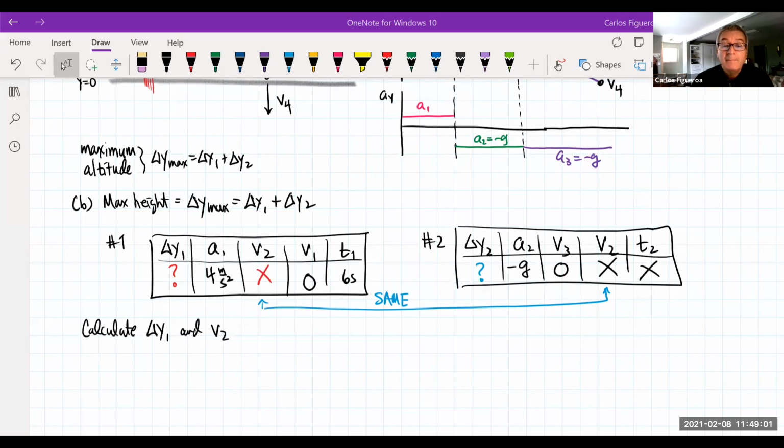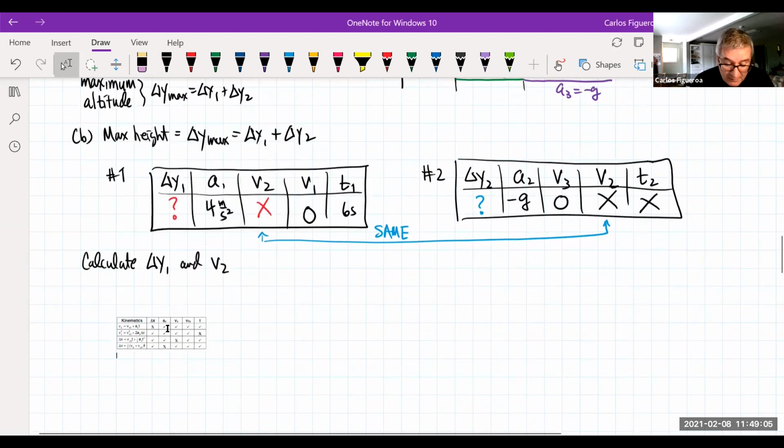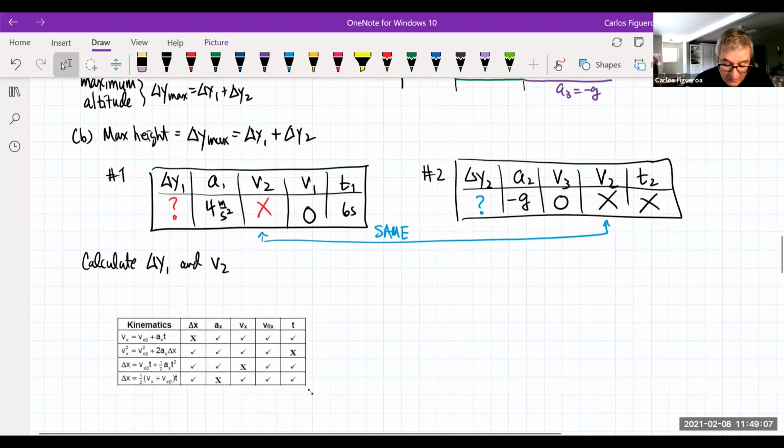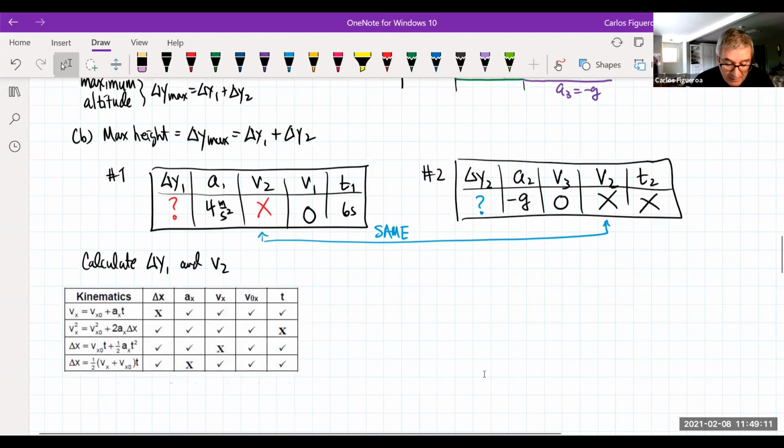So here I go. Immediately I'm going to go after the kinematics table. So what do I know about the kinematics table? Well, for starters, you could see I don't know v2, the final velocity. That tells me I got to use this equation right here. Okay, if I got to use that equation, let's go calculate that thing.